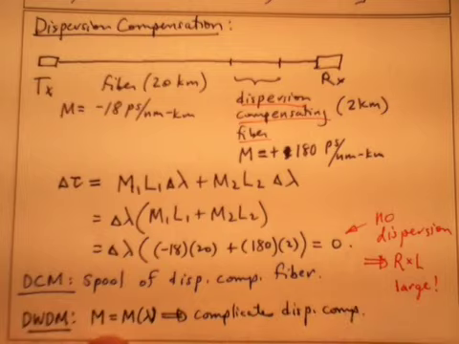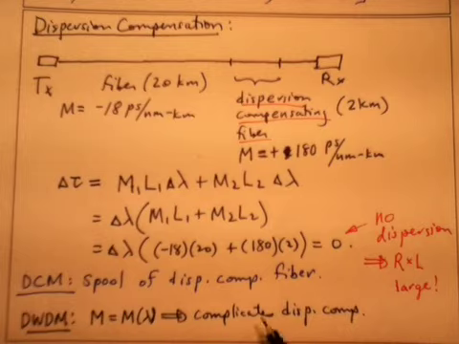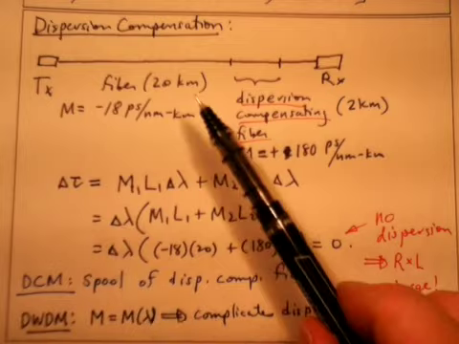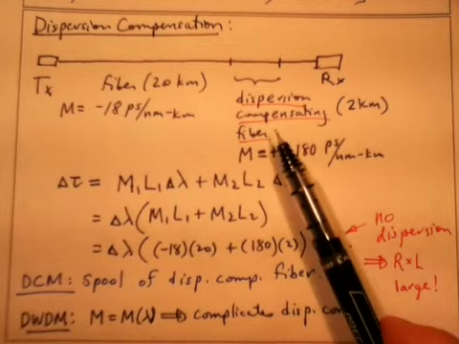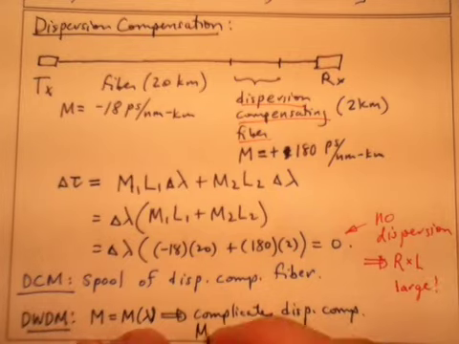Basically what you want to do is make it so that you have the lowest dispersion possible across the range of wavelengths that you're going to use. Generally speaking, the net dispersion of the system, including your fiber and your dispersion compensating fiber, will also be a function of wavelength.